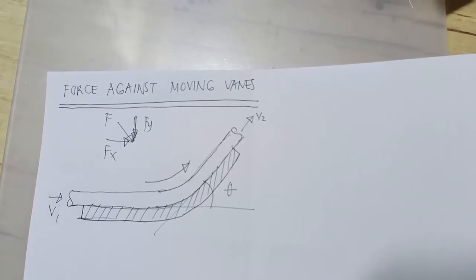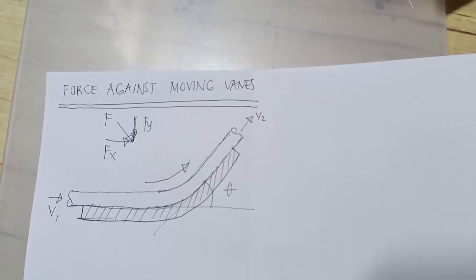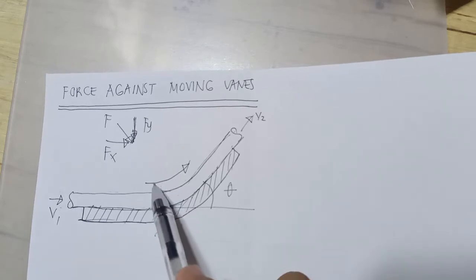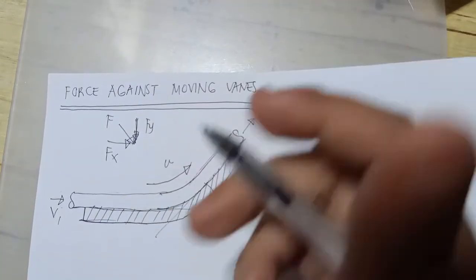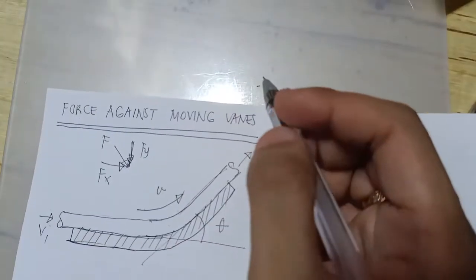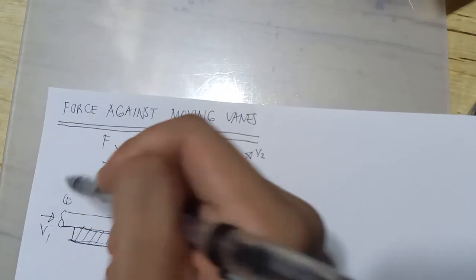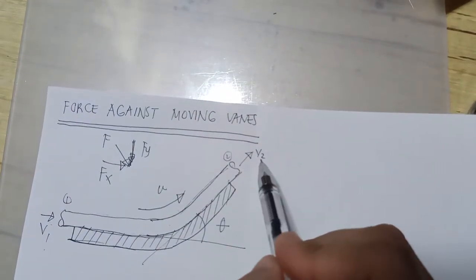So the next topic is force against moving vanes. As you can see here, it is the same as the earlier topic. The difference is that there is this curvy arrow, and it is called U. Later on you will know what U is. This is section 1. Section 2 has an initial velocity and the final velocity.